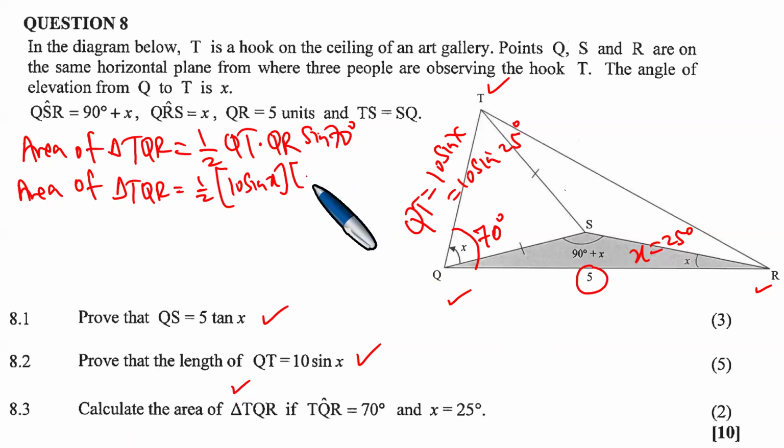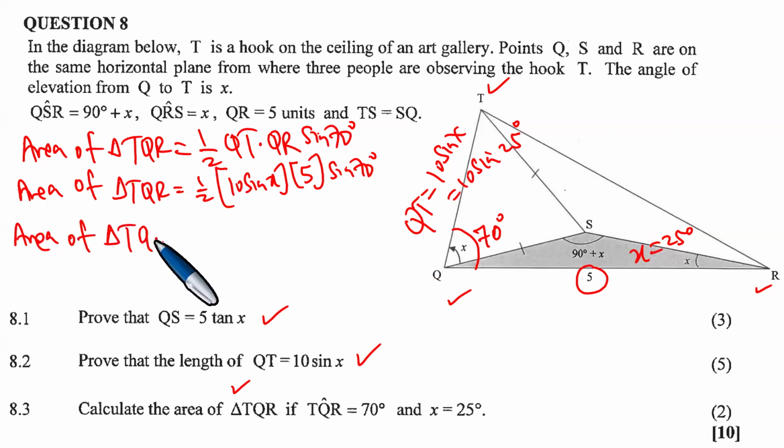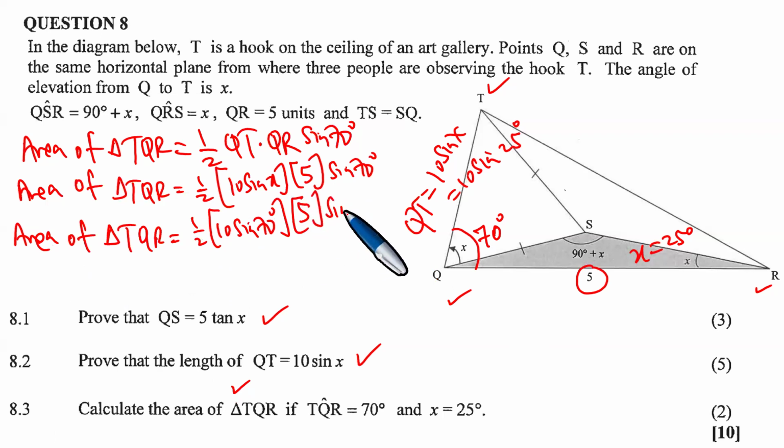Okay, you can put a 5 here. Times sine 70.